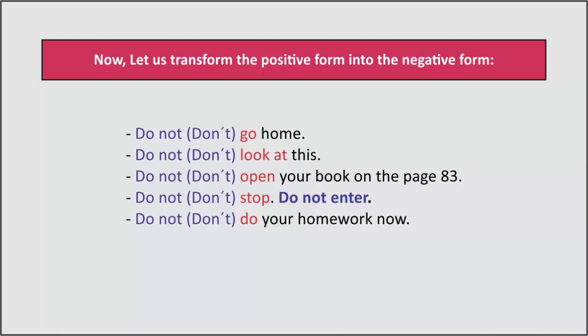And here we have a special example because, as I have said before, we have affirmative form and the negative form of the imperative in the same example. Then when I make the changes, we have do not stop, enter. Okay? And the last example is do not do your homework now.